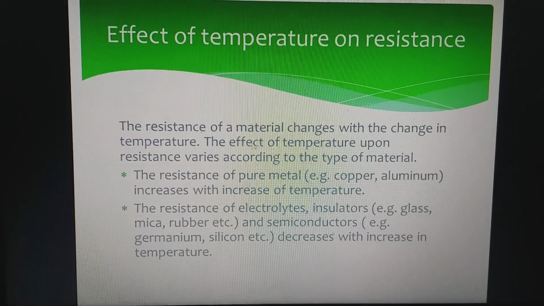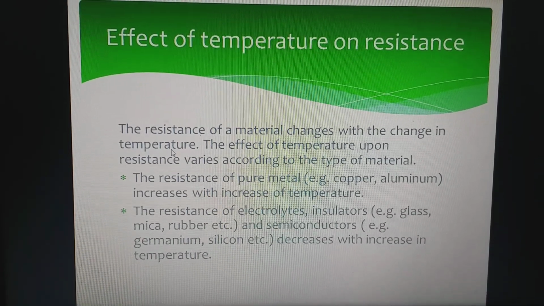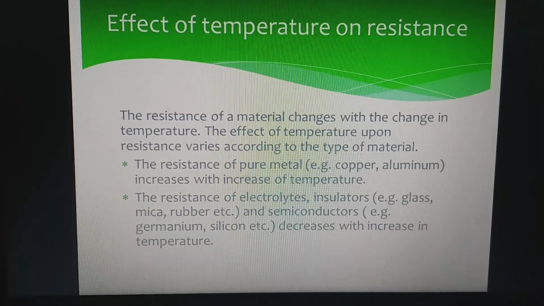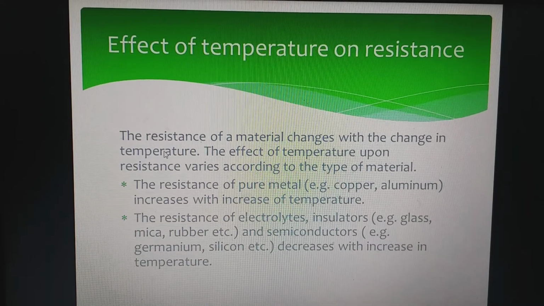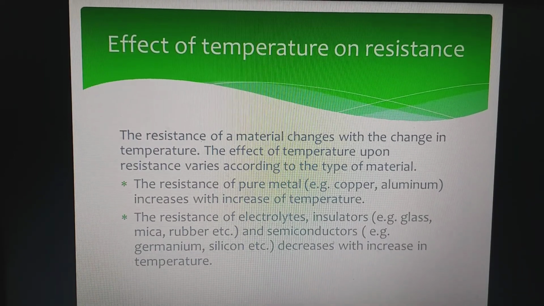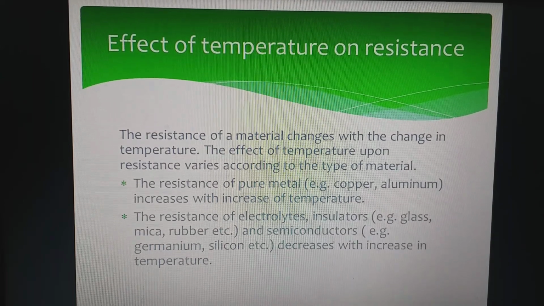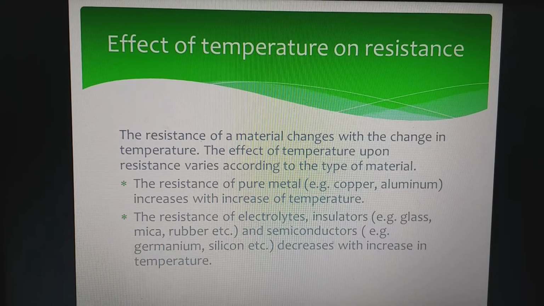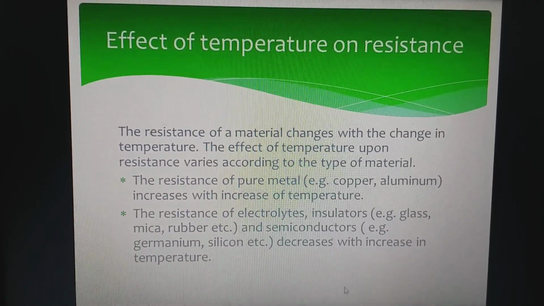The resistance of a material changes with a change in temperature, because we know that temperature is defined as average kinetic energy of molecules. So if temperature is more, it means average kinetic energy is more. So the molecules collide at a greater rate. When they collide at a greater rate, then what happens? The hindrance to the flow of electric charges definitely increases.